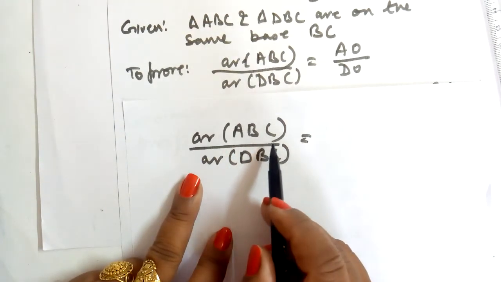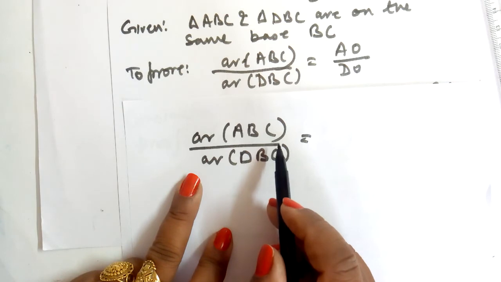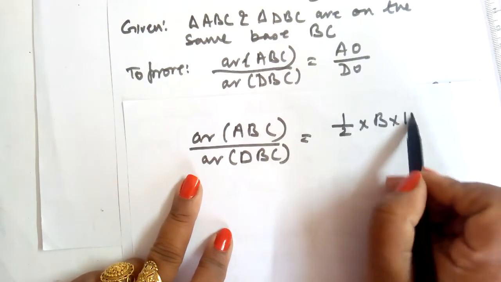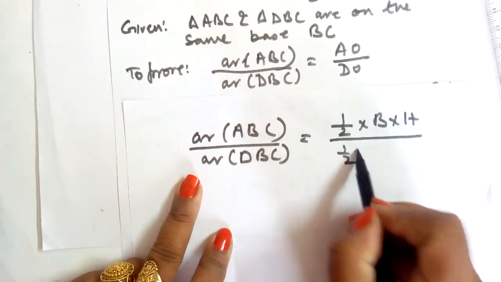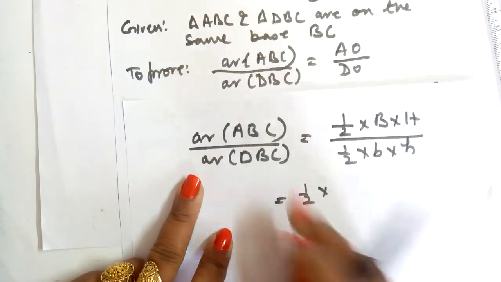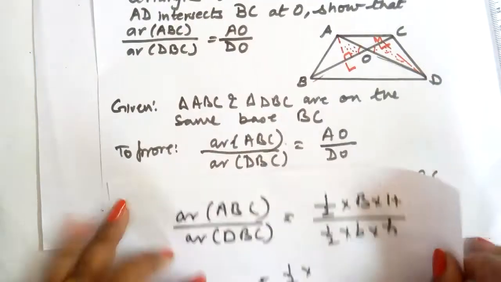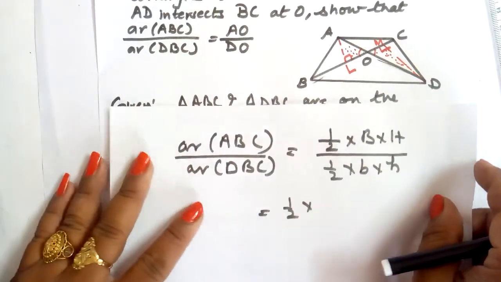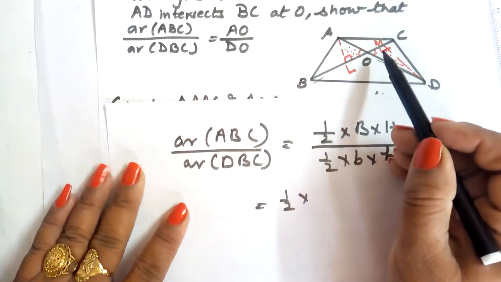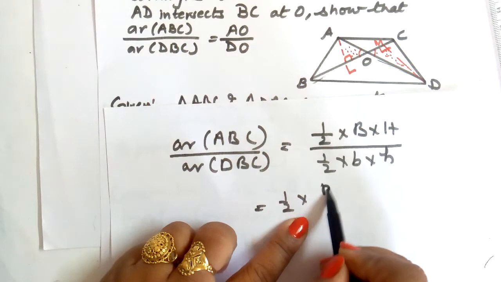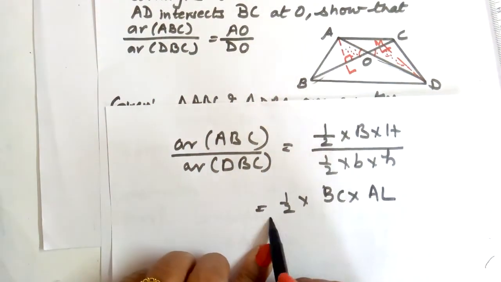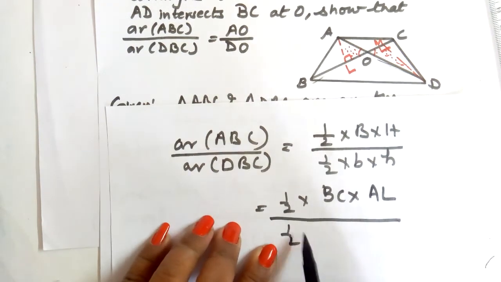If we recall the formula, the area of a triangle is 1 upon 2 base into height. Same goes for the other triangle. Now what will be the base for triangle ABC? The base will be BC, and the height is AL.